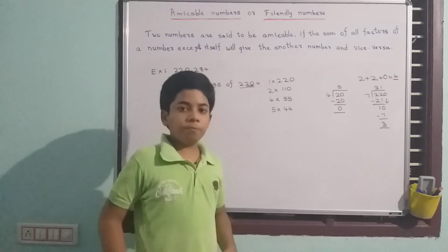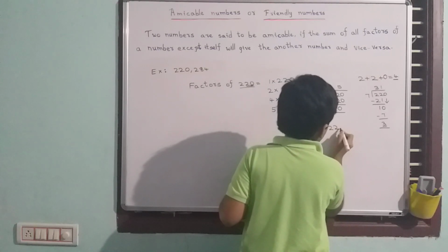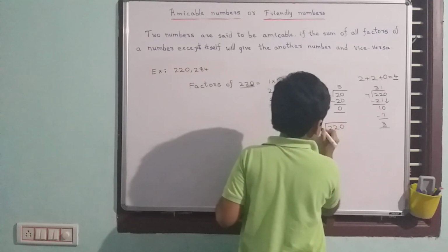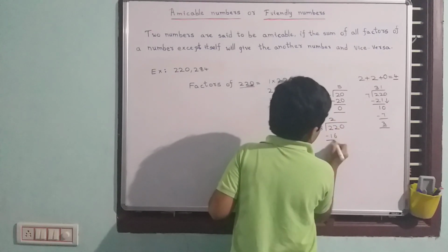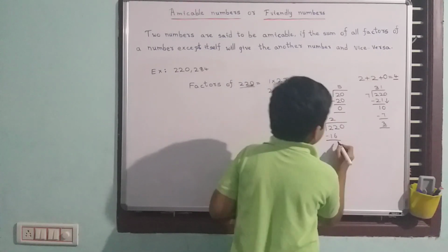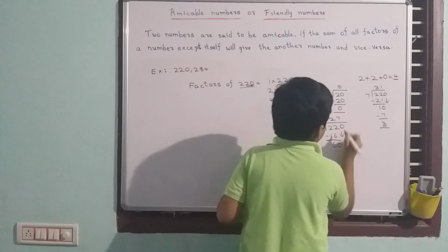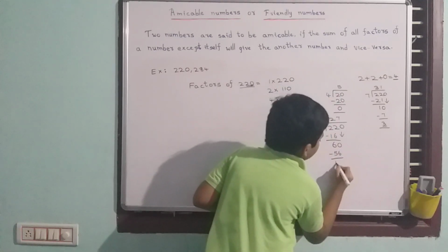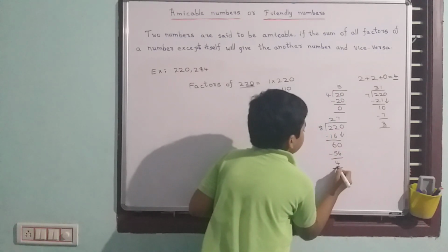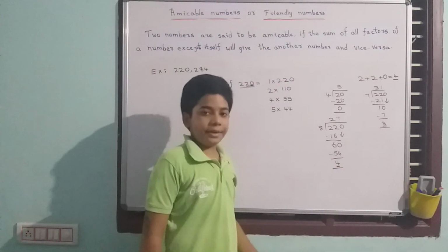Let us divide them by 8. 8 twos are 16. 22 minus 16, 6. Bring down 0. 8 sevens are 56. 60 minus 56, 4. As the remainder is 4, 220 is not divisible by 8.